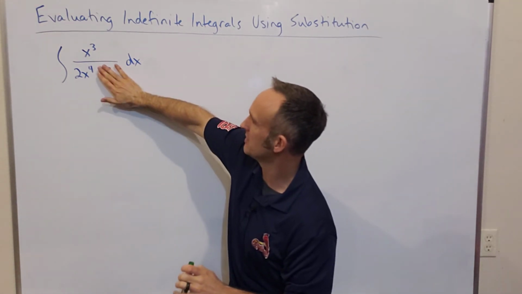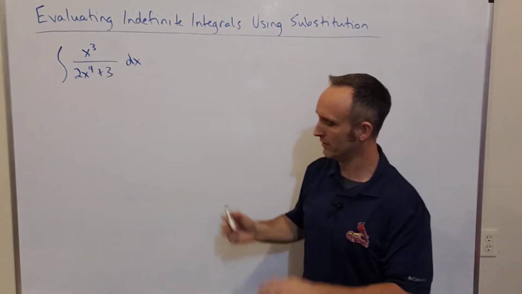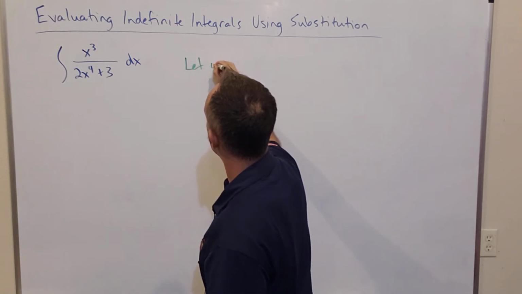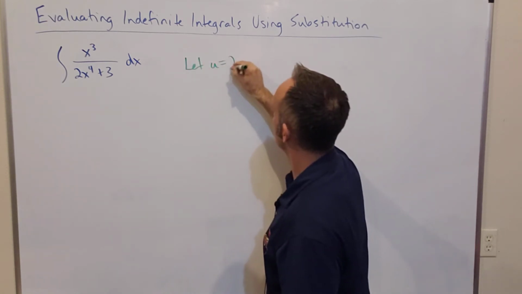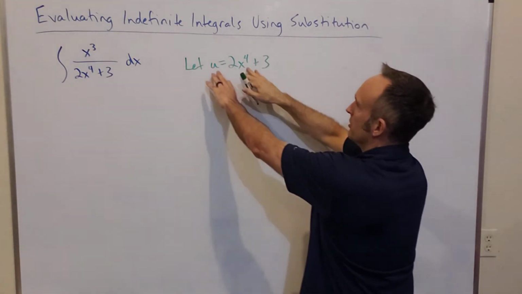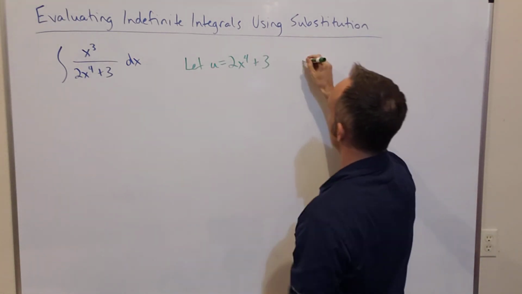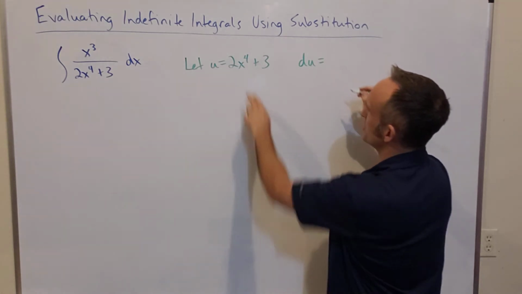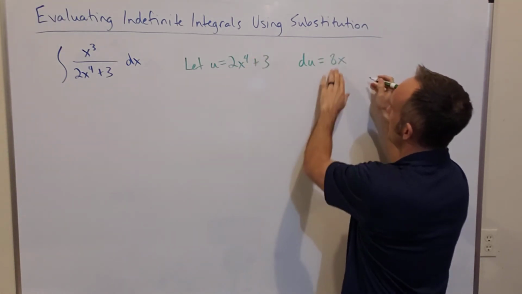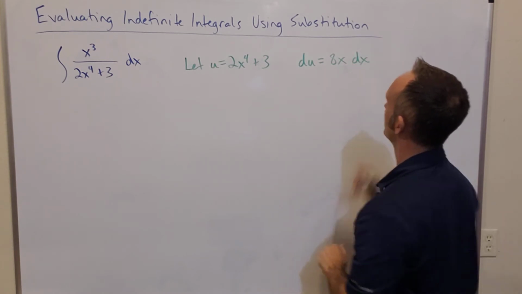So this plus 3 is not going to affect anything when I look at the derivative. So I'm going to let u equal 2x to the 4th plus 3. Then I'll differentiate both sides, and I'll see that du equals 8x cubed plus 0, so I don't need to write that, 8x cubed dx, okay?